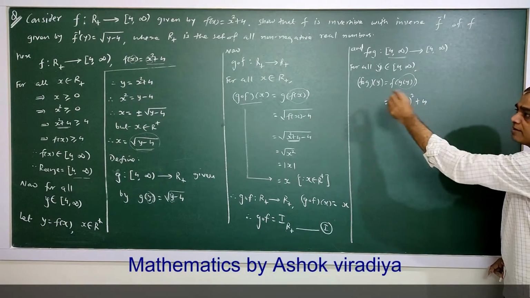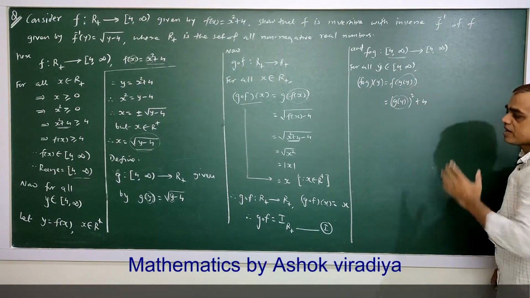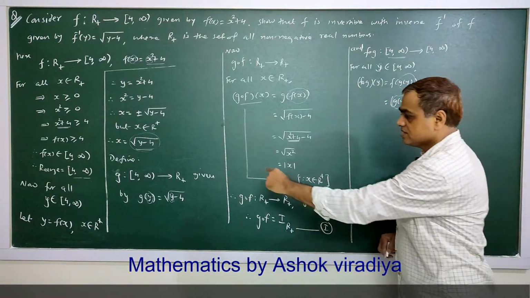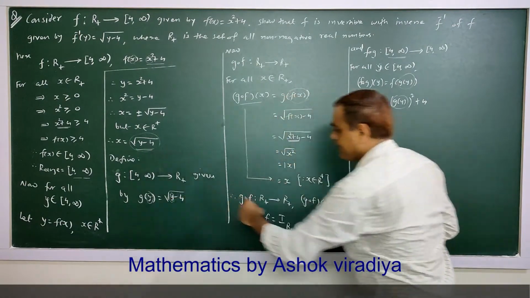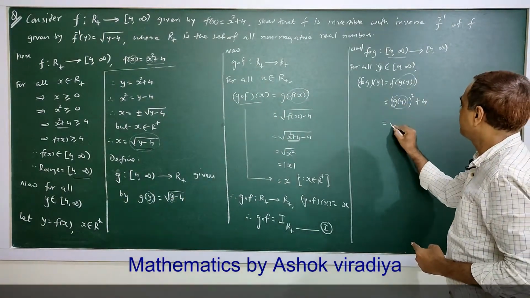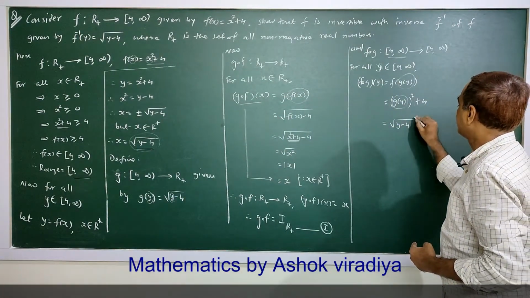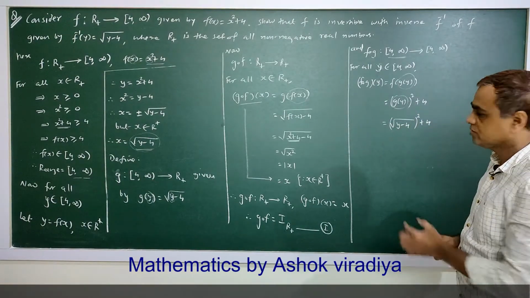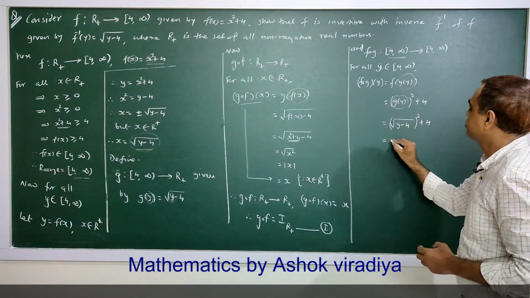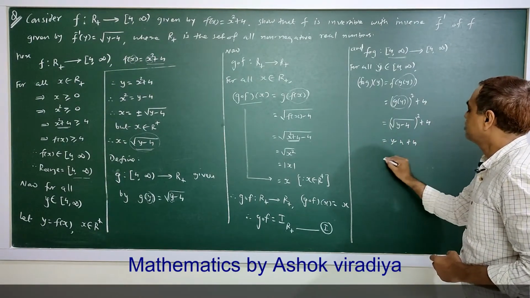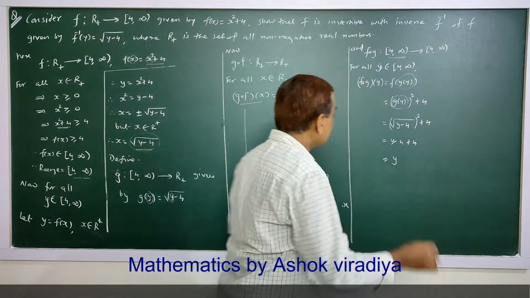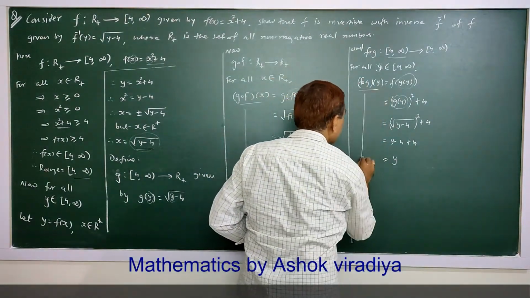So in that formula, x is replaced by g(y). f(g(y)) is g(y) square plus 4. Now what is g(y)? g(y) is root y minus 4. So here we keep the value of g(y), root y minus 4. So it is y minus 4 plus 4. So what is it? y. So here f∘g is also keeping elements unchanged.